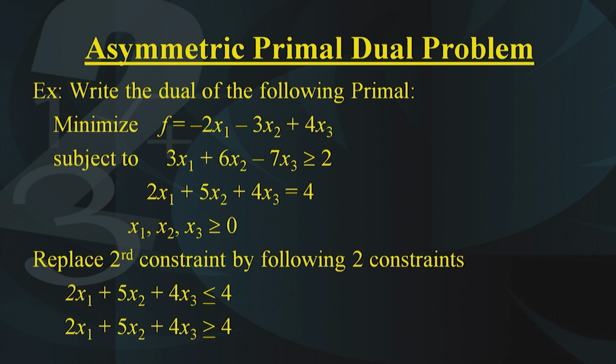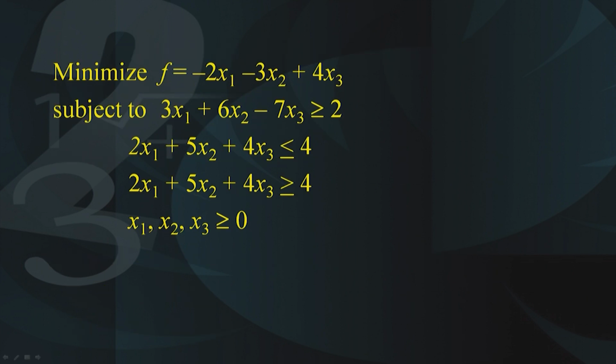But still now it is not in the standard form. So, therefore, what we need to do? We need to write it in the standard form, and the second constraint has been replaced by these two constraints, where one is with the less than sign and the other is with the greater than sign.